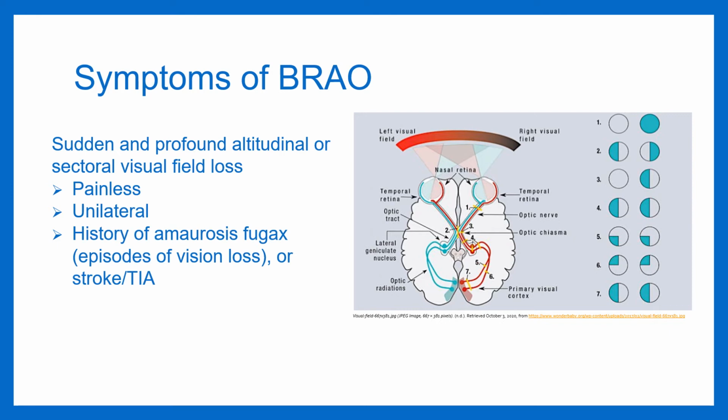It's usually unilateral because clots enter just one of the eyes, unless it's due to a systemic illness. And if they've had a past history of temporary vision loss, stroke, or TIA, we should be cautious and rule out BRAO.